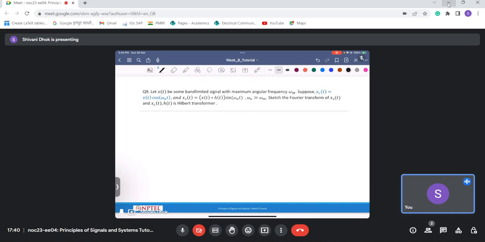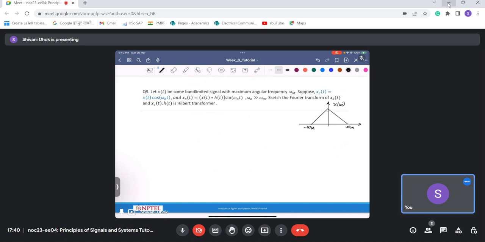If it is a real signal, its Fourier transform will be symmetric. Let's say it is something like this. This is X of omega, this is omega m, this is minus omega m.